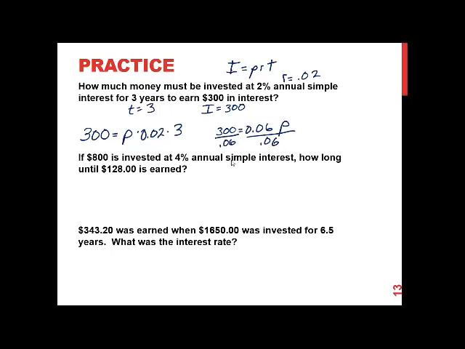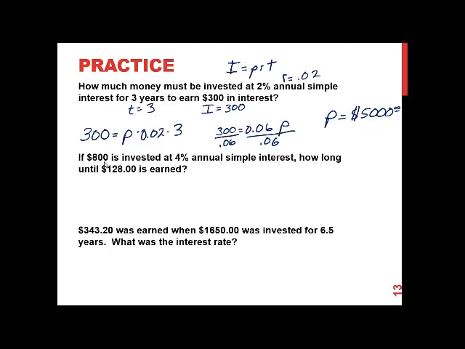And P is 300 divided by 0.06, which gives us P is $5,000. I would recommend that you pause the video either before or after I do a problem, and make sure you can get your calculator to come up with the same numbers.